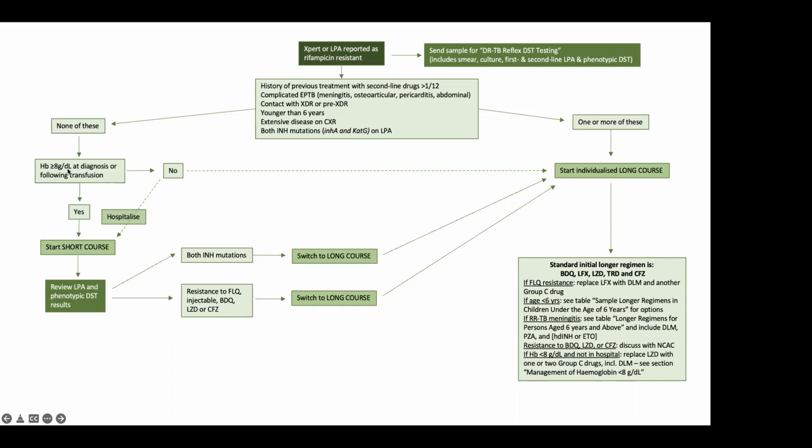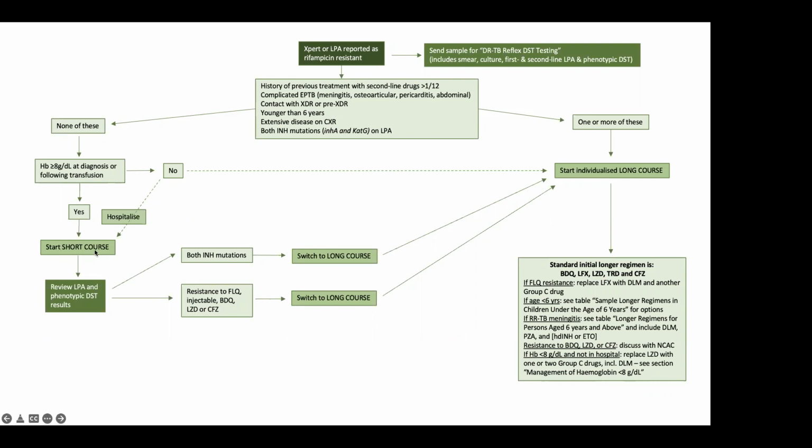Just check the HB, because this drug, linezolid, is known to cause anemia, LZD there, right? So if there is anemia, then they might not be eligible for a short regimen. So a short regimen is for stable patients who do not have any other issues.